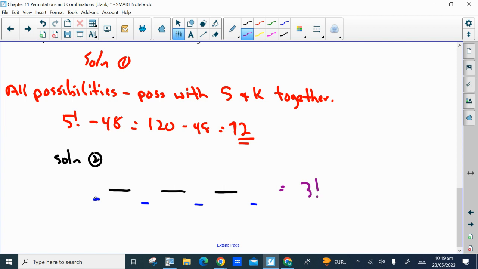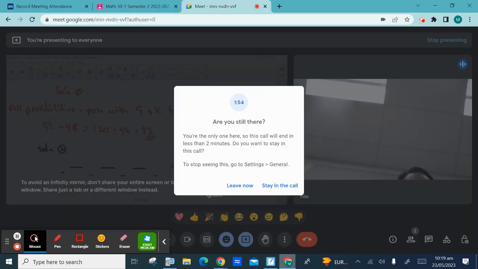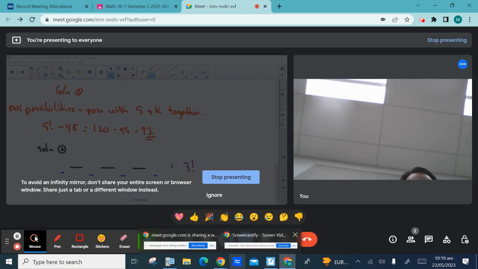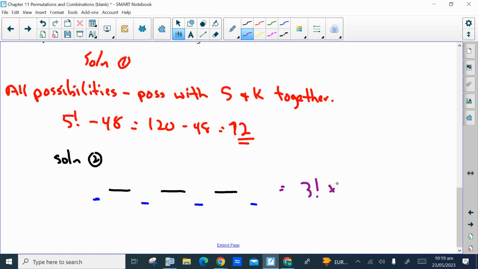Now we'll talk about the way that Shay and Caddison can be placed. For that first person, whether it's Shay or Caddison, doesn't matter, there are 4 choices, 4 places that they can go. So we're going to multiply by 4. And then there's 3 spaces for the remaining person to be placed. Let's say it's Shay.